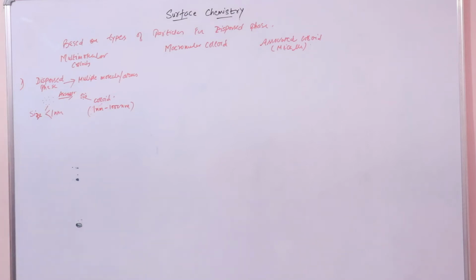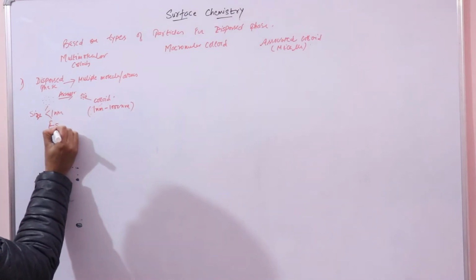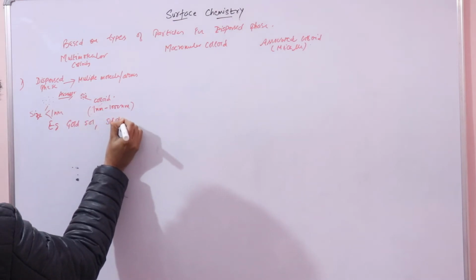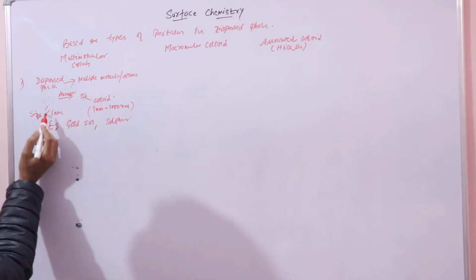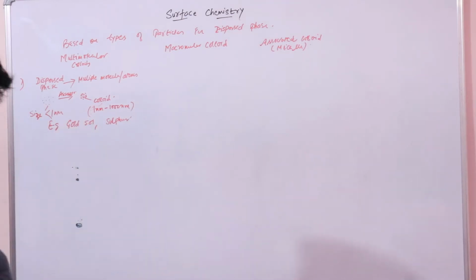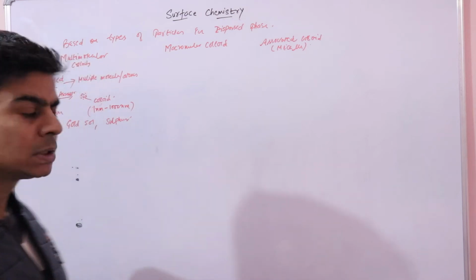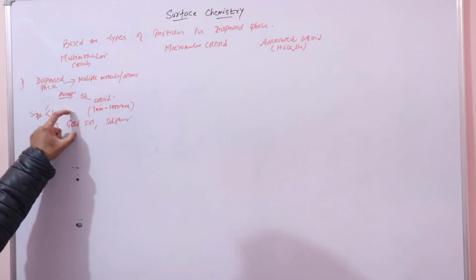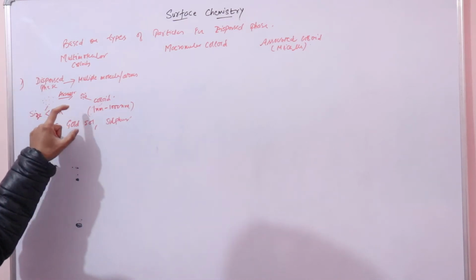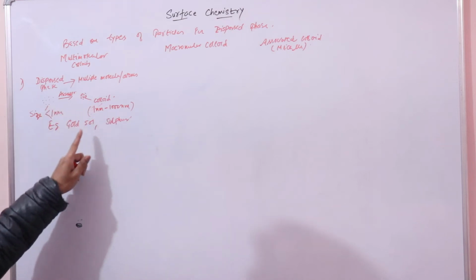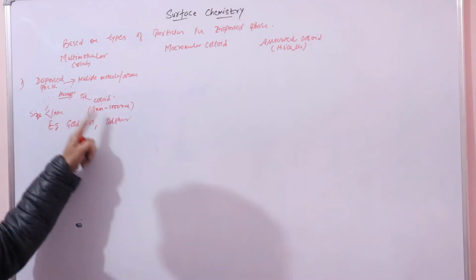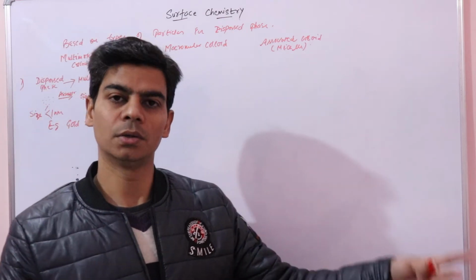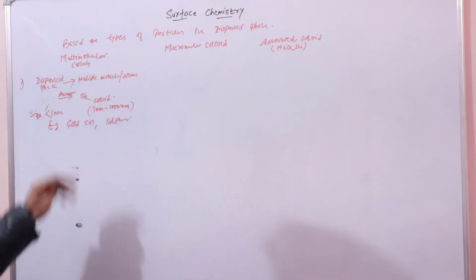An example of these type of colloids are gold sol and sulfur sol. When we talk about gold sol, it means that colloidal solution of gold is formed from multiple, or more than one, atoms of gold. So multiple gold atoms will associate to form particles of colloidal size in case of gold sol.